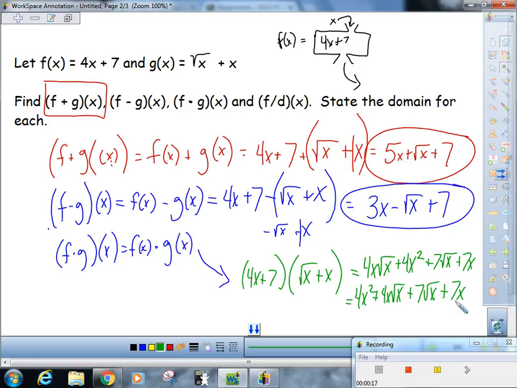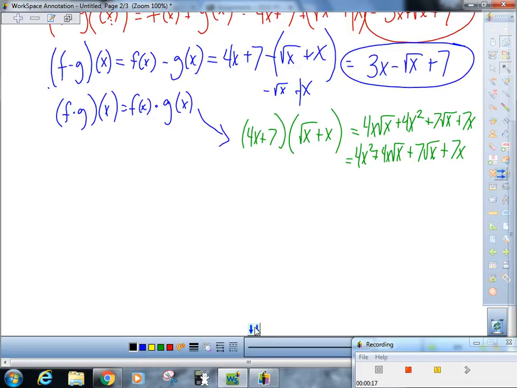And then finally, f divided by g of x will be, let's see, 4x plus 7 divided by x plus radical x. And it'd be nice if we could just leave it like that, but we can't.